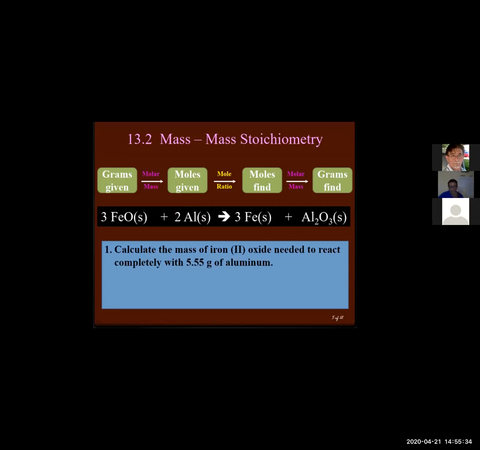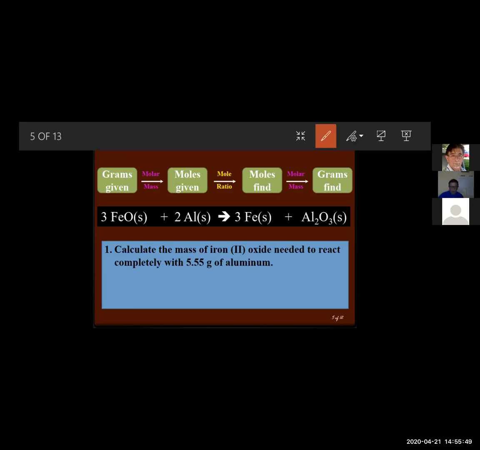So you may be asked questions as follows. Calculate the mass of iron(II) oxide needed to completely react with 5.5 grams of aluminum. Well, break that question down. What exactly is it asking for? It's asking for the mass of iron(II) oxide, and it needs to react completely with 5.5 grams of aluminum.